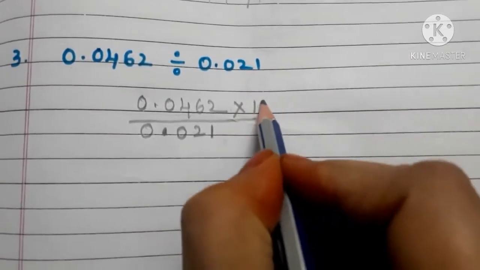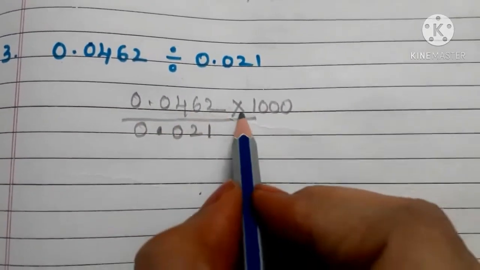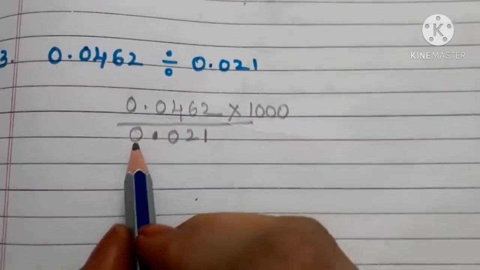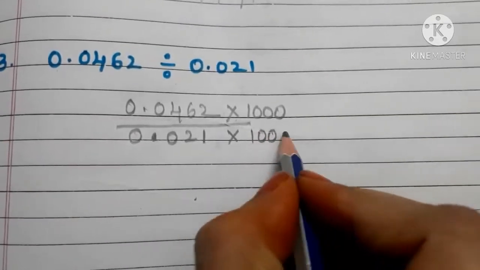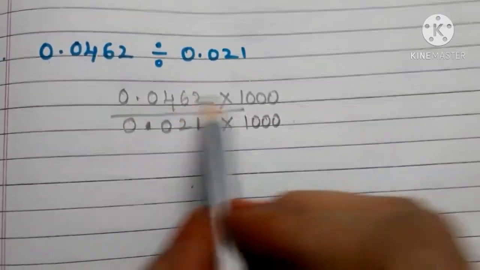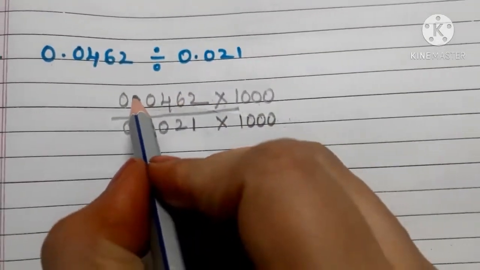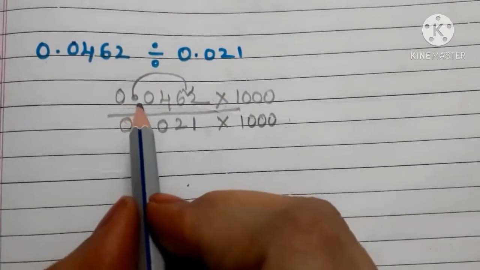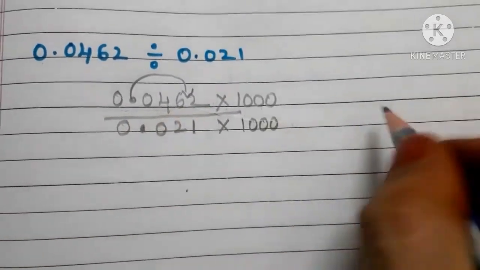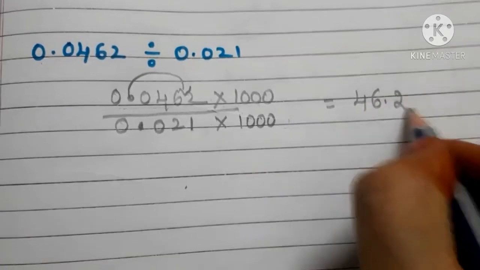So let us multiply. 0.0462 into 1000 by 0.021 into 1000. When a decimal is multiplied by 1000, the decimal point moves 3 places to the right. So 0.0462 becomes 46.2.